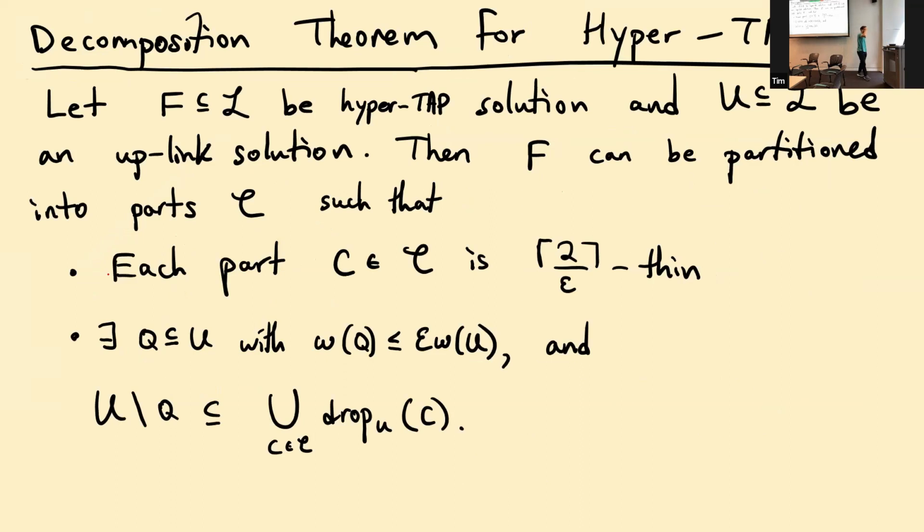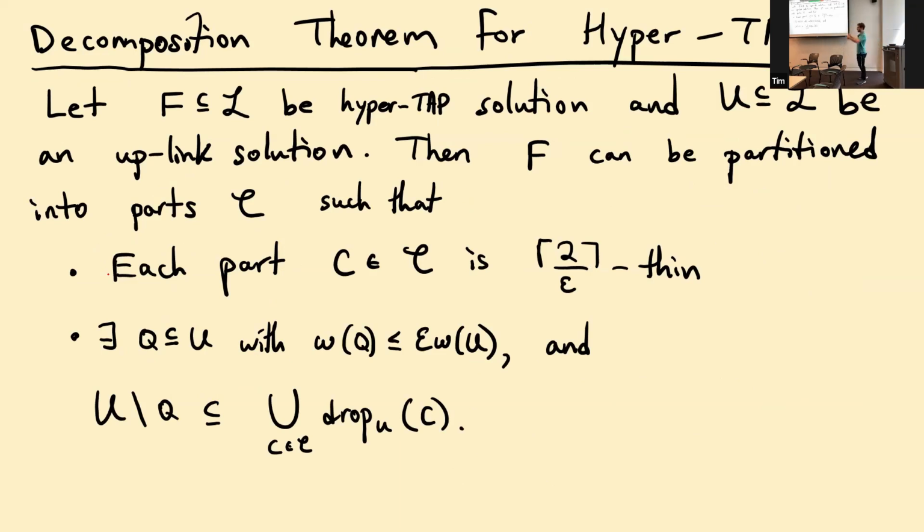And the next thing, so what we did is the decomposition result for tree augmentation can actually be generalized to the setting of hypertap as well. So fully general hypertap, if you have any uplink solution, so I have a tree, I root it somewhere.